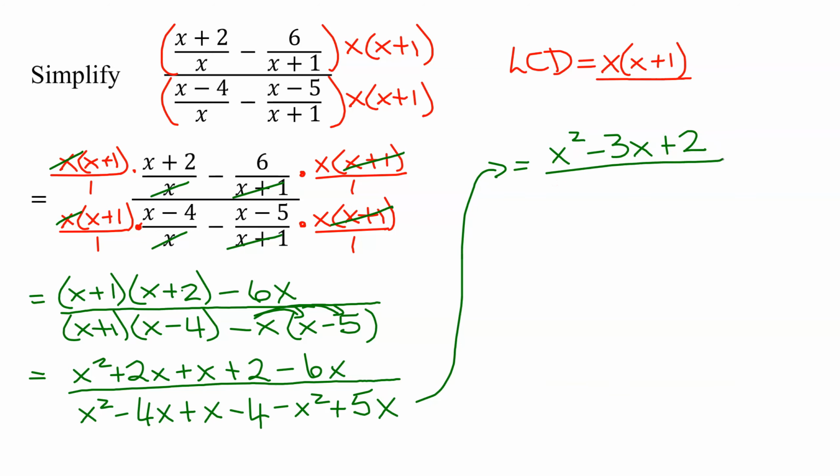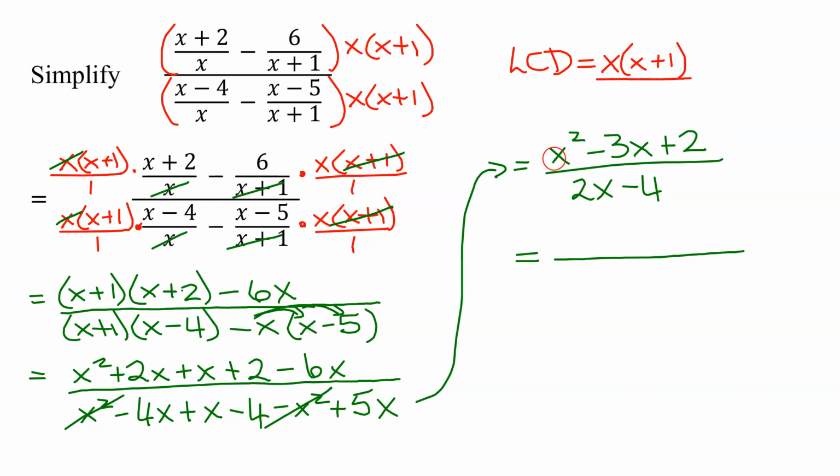All divided by, in my denominator, I have x squared minus x squared. Those add up to 0. Then looking at my x terms, negative 4x plus x is negative 3x, plus 5x is positive 2x, and lastly, minus 4. Now let's see if this simplifies any more.